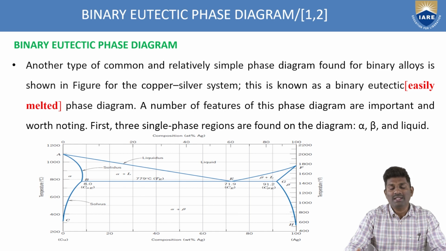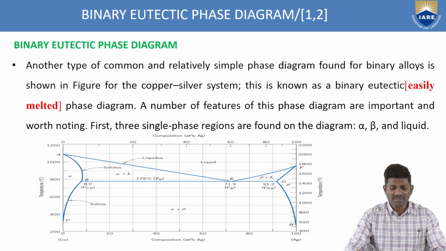That's why we are considering the example of copper and silver in this system, and we'll draw the phase diagram for this and identify the different phases present, and also the different compositions we can have with respect to the temperature. A number of features of this phase diagram are important and worth noting.